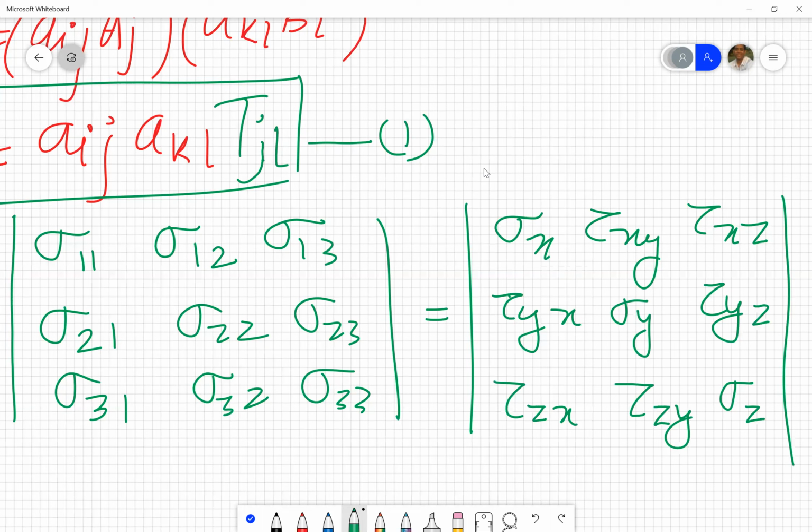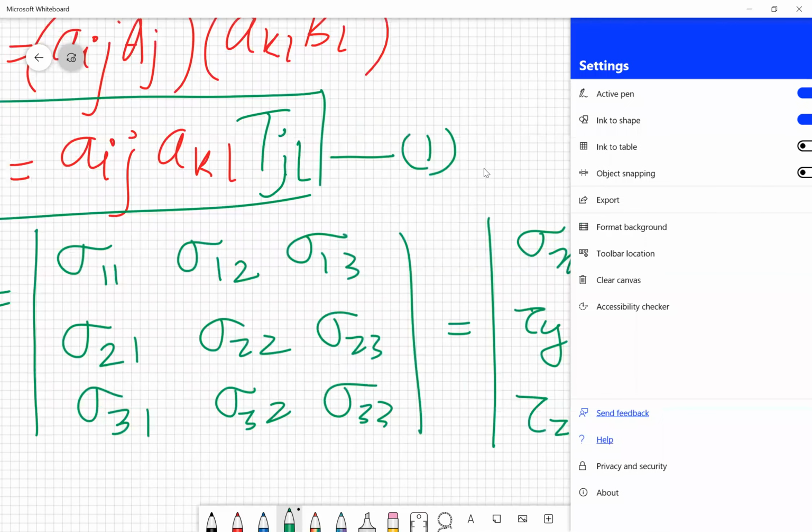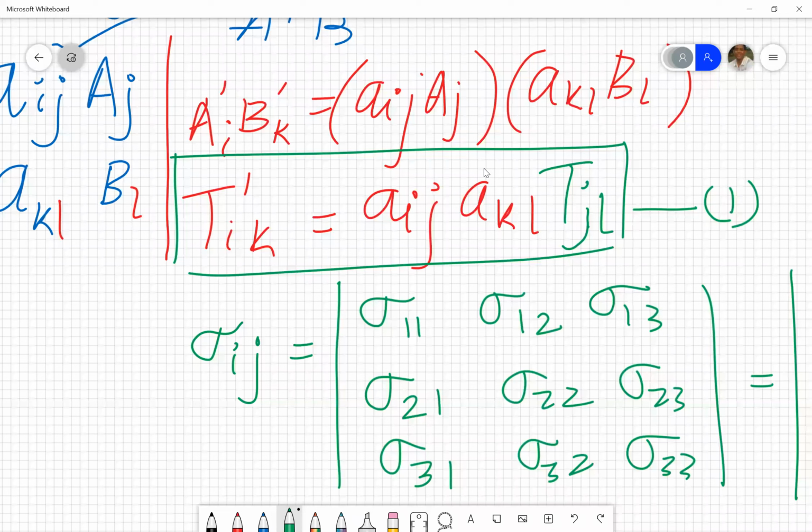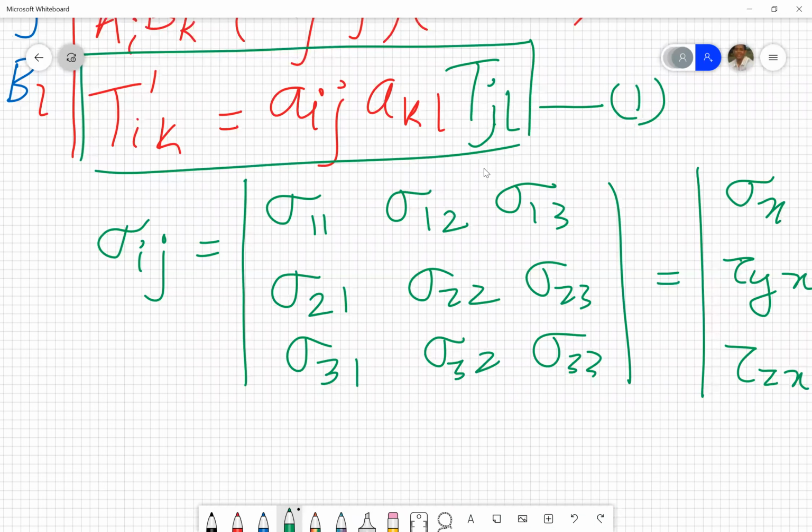Like in the case of the transformation of vectors, we can write the transformation equations for the stress also, like the above equations, T dash ik. Similarly, you can go for the transformation of the tensor sigma ij from the system of axes x1 x2 x3 to x1 dash, x2 dash, and x3 dash.